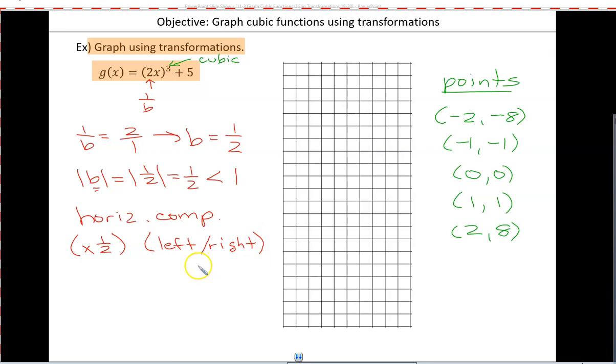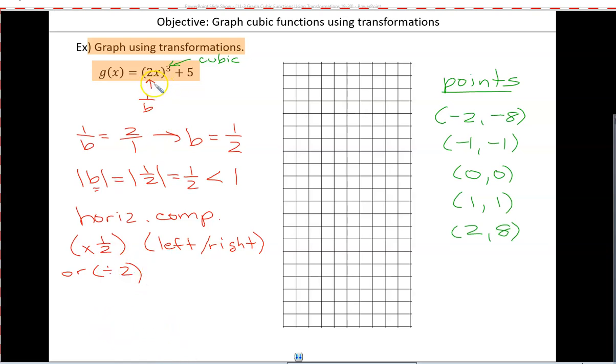So horizontal compression takes points on the left side of the y-axis and moves them closer to the y-axis. It takes points on the right side of the y-axis and moves them closer to the y-axis. In this case, by multiplying by 1/2, or you could divide by 2. That works also for the math here.